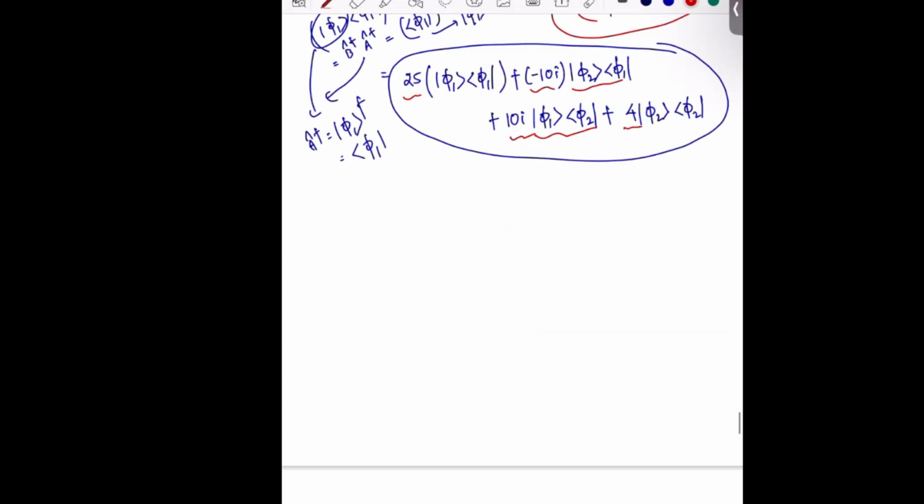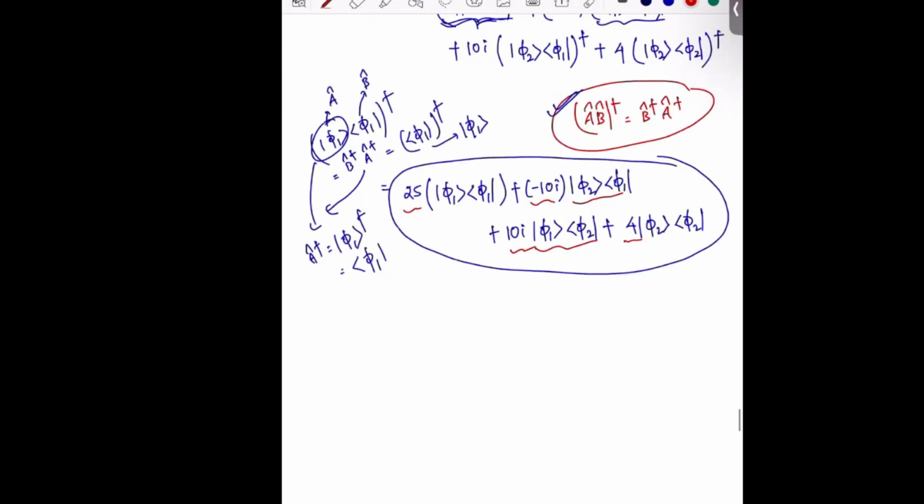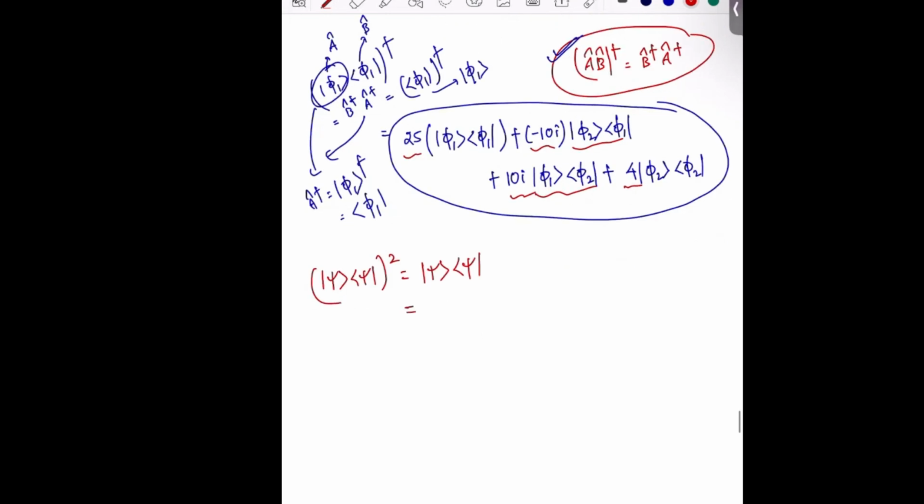Now for the second condition, the square one, we have to check whether psi square is psi or not. So psi square, how can you write it, psi with psi. Now you see what value you are getting for this one.